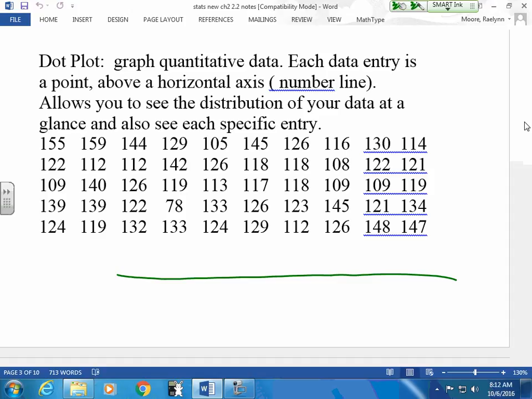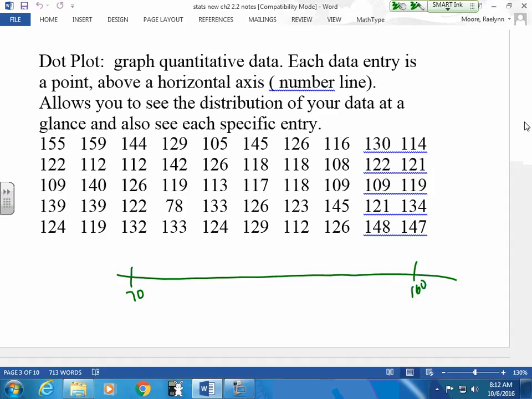So your lowest number is 70 something, 78, so maybe start at 70, and your highest number is 159, I think it was. No, maybe not. 159 or 160, something like that. So you want to space your number line all the way out so that it goes to 160.